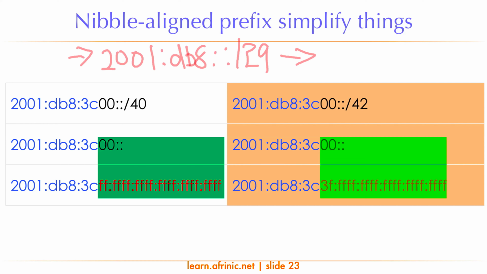So you're going to have 8, the first one, I'll just list the first one, 8.b.d.0.1.0.0.2.ip6.arpa. Next one will be 9.b.d.